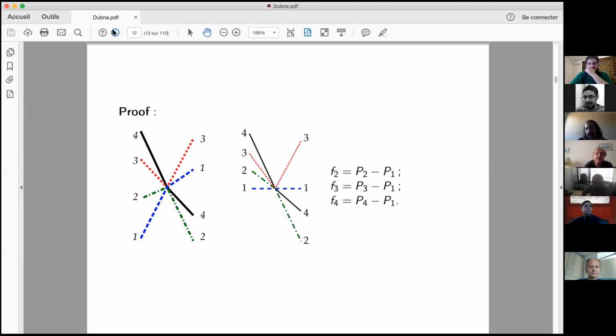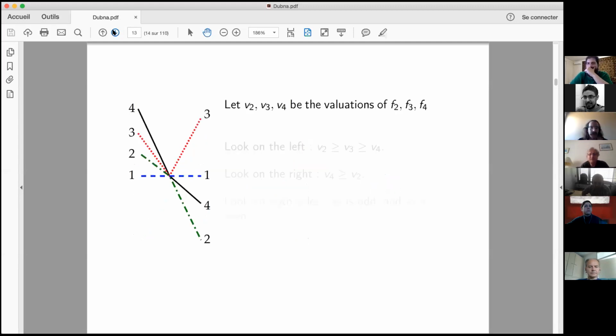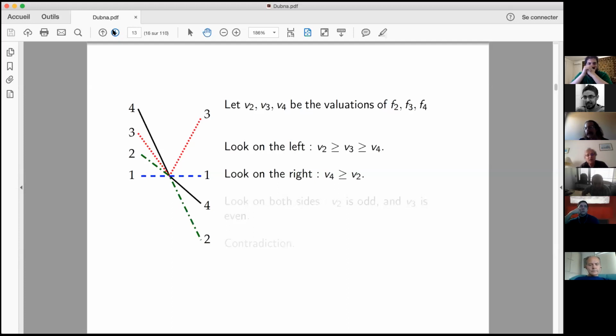Now look at what's happening. Let me call V2, V3, and V4 the 3 valuations of the 3 polynomials F2, F3, and F4. And let's look on the left. On the left, what we see is 2 is below 3, below 4. Therefore, the valuations satisfy the inequality V2 is greater than or equal to V3, which is greater than or equal to V4. If you look on the right now, you see that the modulus of 4 is less than the modulus of 2.